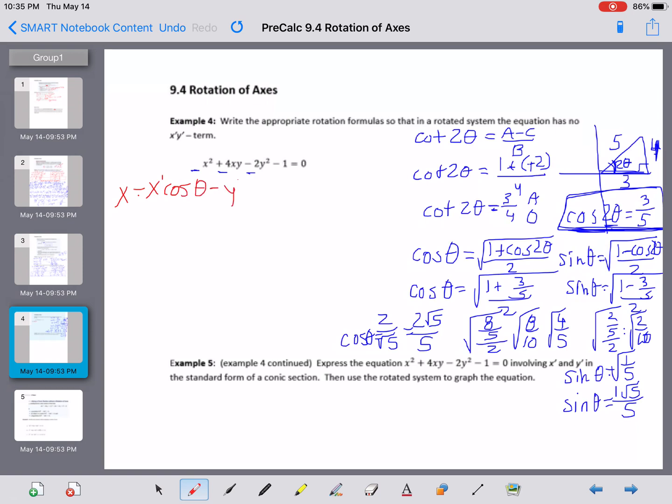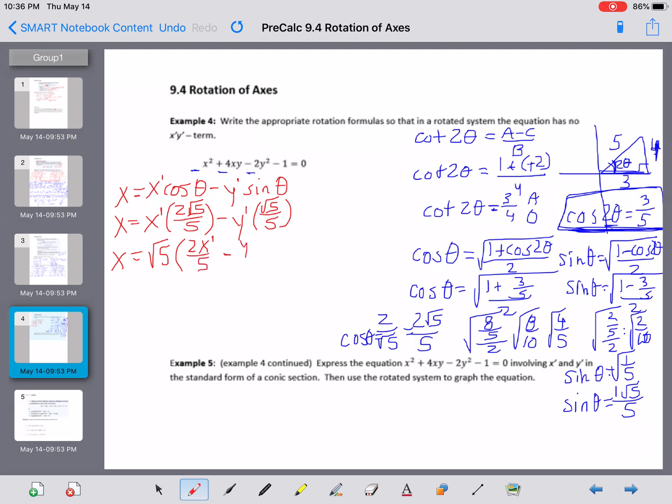My cosine is 2 radical 5 over 5 minus y prime times the sine, which is radical 5 over 5. For ease, I'm going to pull radical 5 off of both of them, and I'm going to leave 2x prime over 5 minus y prime over 5. That's how I'm going to write my x from now on.